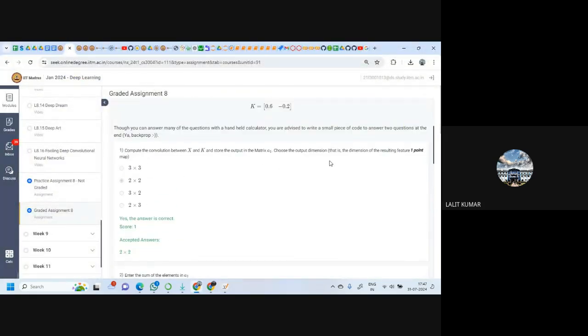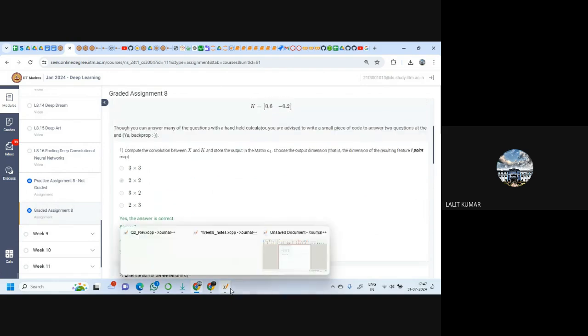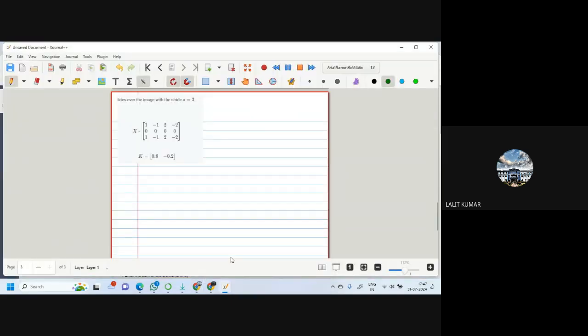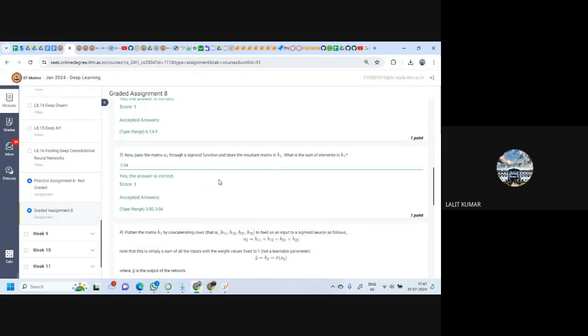Compute the convolution, choose the output dimension, enter the sum of the given. Now in the question what they have done: A1 is equal to x convolution K. Number 2, they have passed the matrix through a sigmoid function.